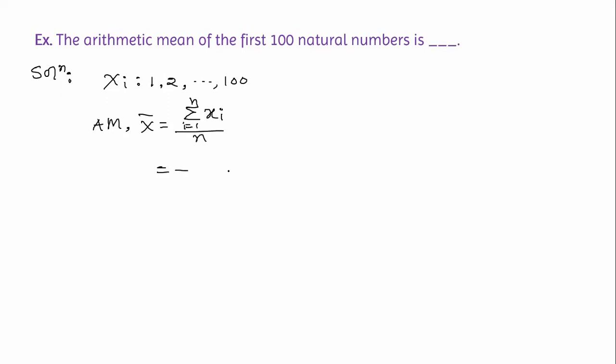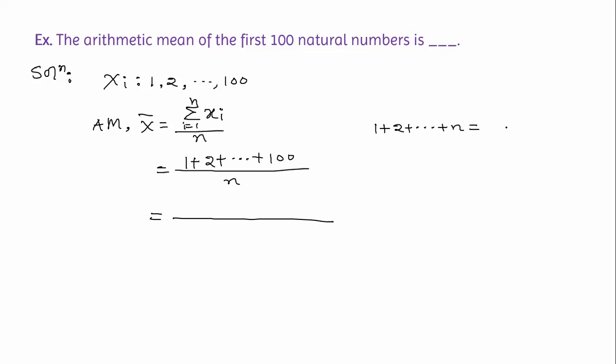So this is equal to the addition 1 plus 2 and so on until 100, divided by n. We already know from our school days that the sum of the first n natural numbers is nothing but n into n plus 1 by 2.